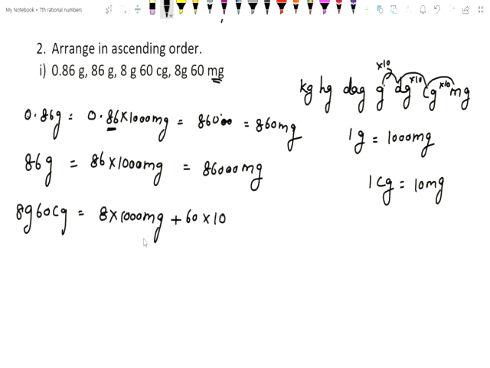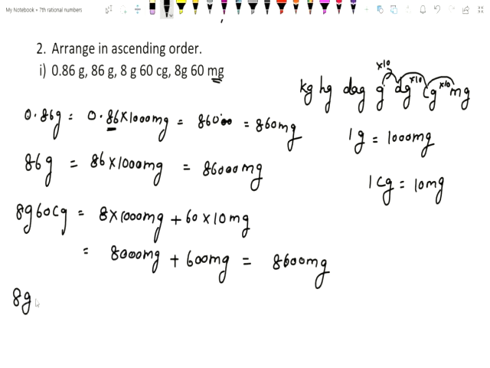So 8000 milligram plus 60 into 10, 600 milligram. So what you will get? 8600 milligram.